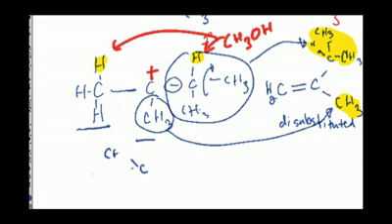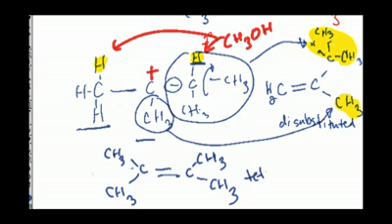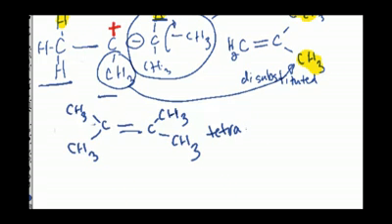So we would have something like that, the double bond, and after the double bond, we've taken away this hydrogen, so we're going to have two methyl groups. So this is tetra-substituted, or four substitutions, and therefore the major product according to Zaitsev's rule. And because the other has fewer substitutions, it would be the minor product.